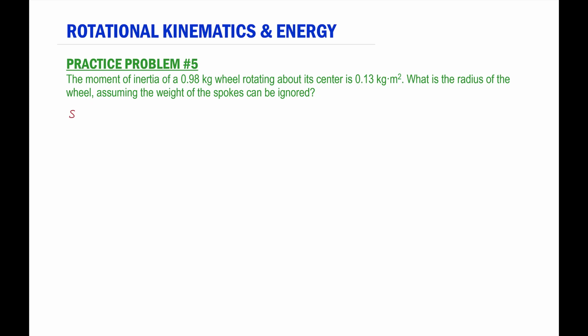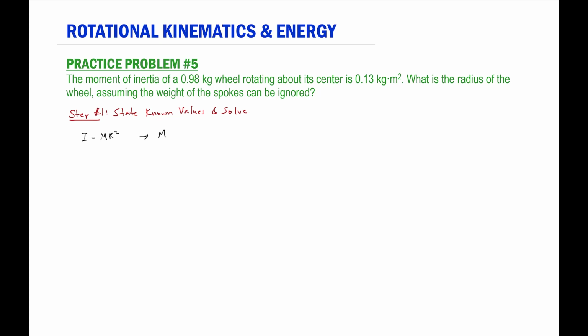So, step number 1, there's only one step. We're just going to state our known values and solve. So we know that we're looking at a cylindrical shell or a hoop. So we know that I is equal to mr squared.